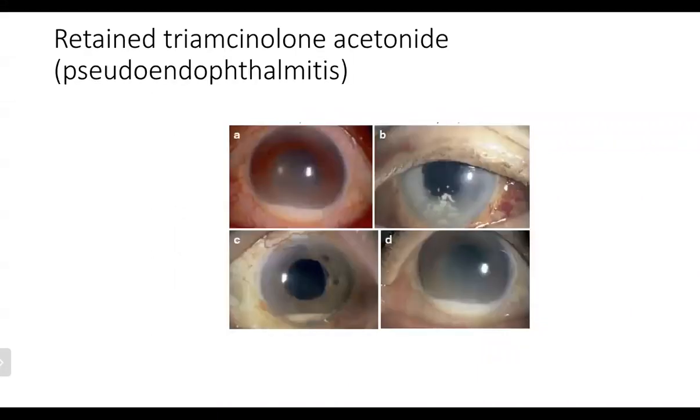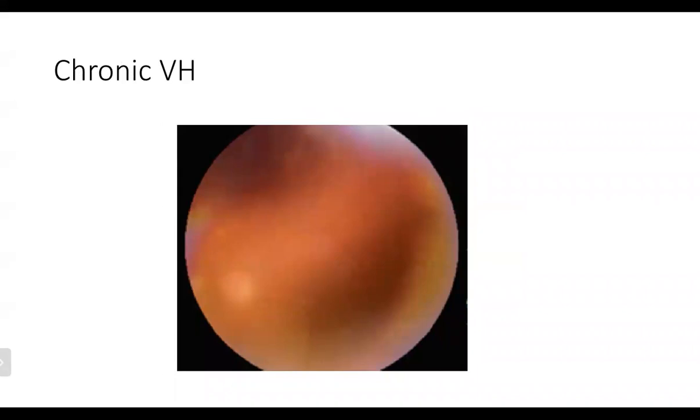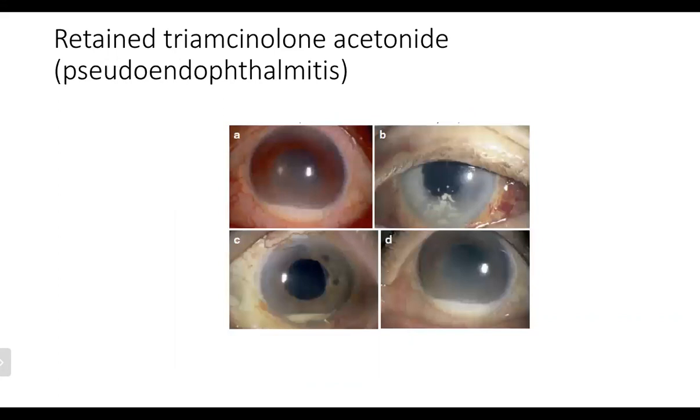And then chronic vitreous hemorrhage, especially when there's depigmentation of the red blood cells, may look like vitritis and mimic endophthalmitis. But another distinguishing feature is that patients with endophthalmitis usually come with other signs of inflammation, but for those with vitreous hemorrhage, the eyes are usually relatively quiet.